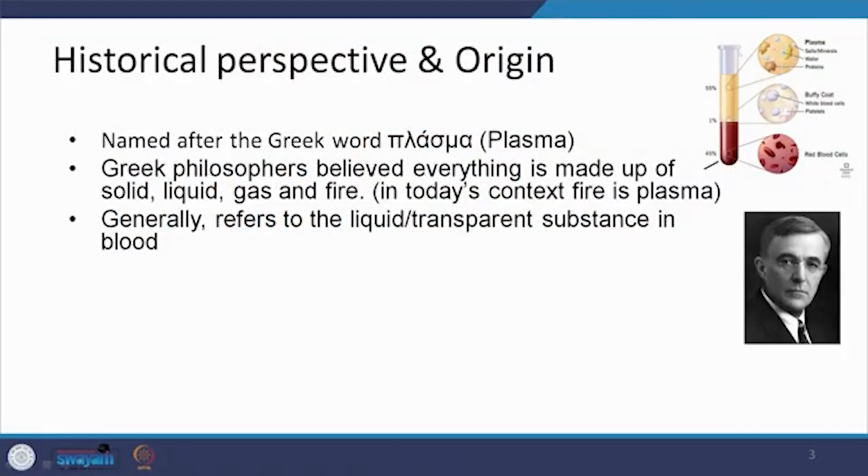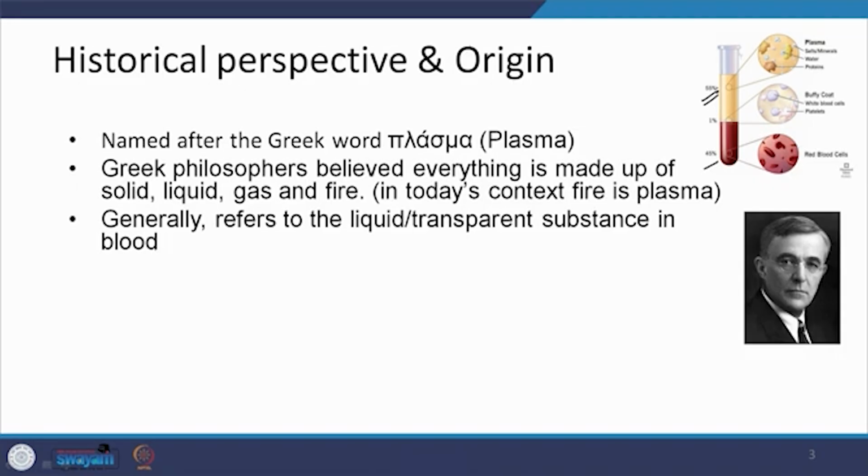Generally, you must have heard about plasma in a totally different context, where plasma refers to the liquid or transparent substance in the blood. If you take blood, as the picture shows, 45% of the blood is red blood cells, RBC, and 1% is white blood cells or platelets, and 55% of the fluid which is called blood is called plasma.